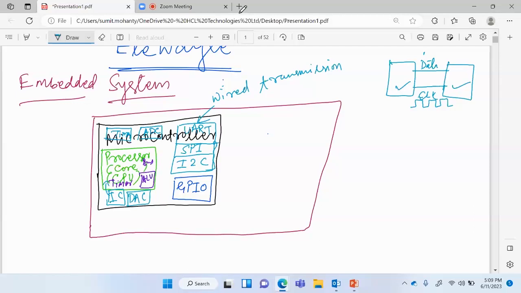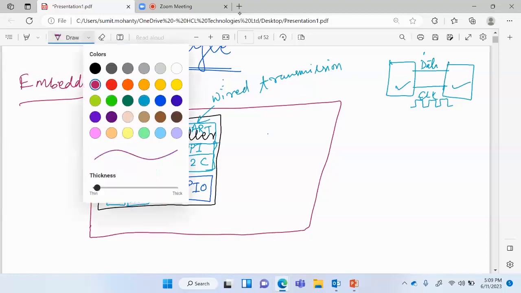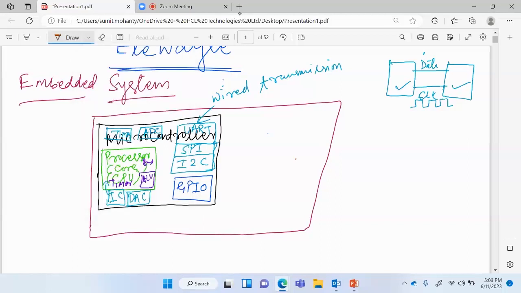So this part is understood. Now, how does the processor connect to these things? This is one important thing. How does the processor connect to SPI, I2C, GPIO and all these things? Basically by using buses.